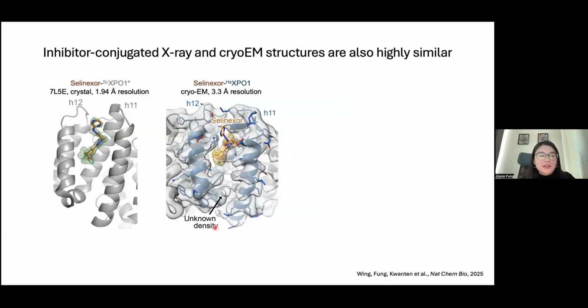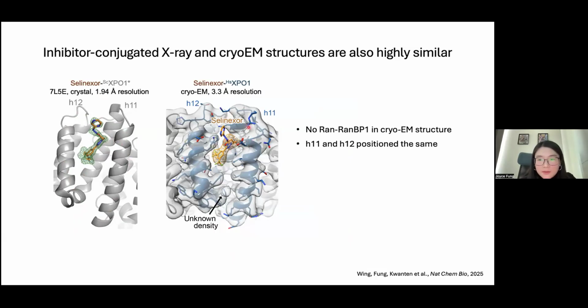And that is also the case for the inhibitor conjugated structures, most of it. So here's a crystal structure for selinexor bound to a yeast Exportin 1 that was modified to look more like human. This was really high resolution at 1.94, and you can see the inhibitor is very well resolved. In our cryo map, the selinexor does not have density on the top part.